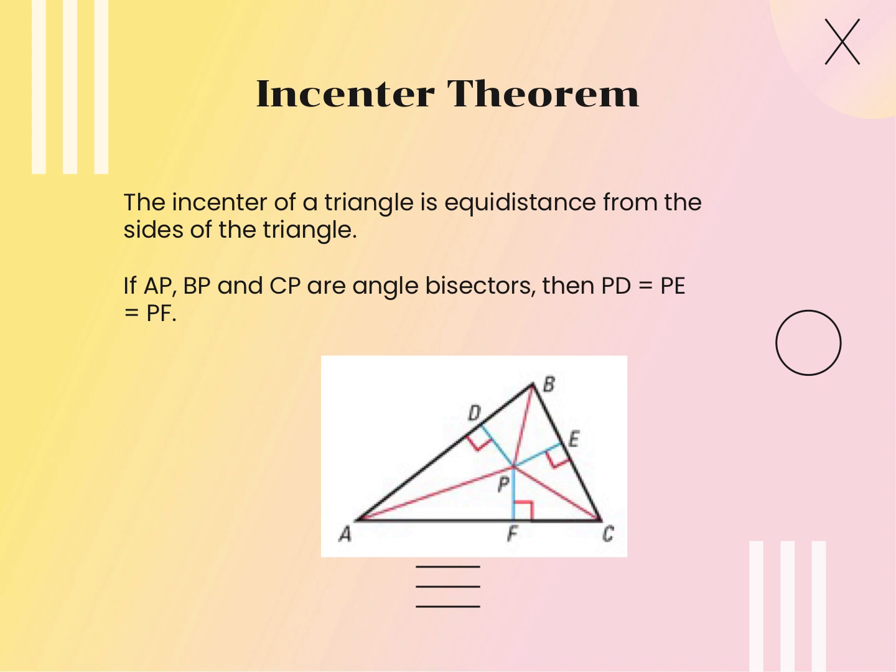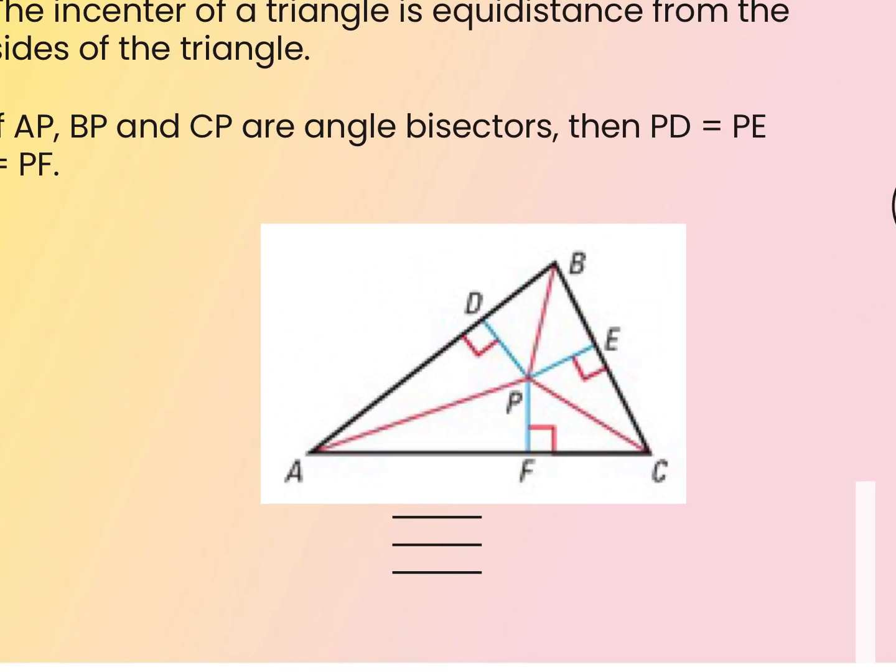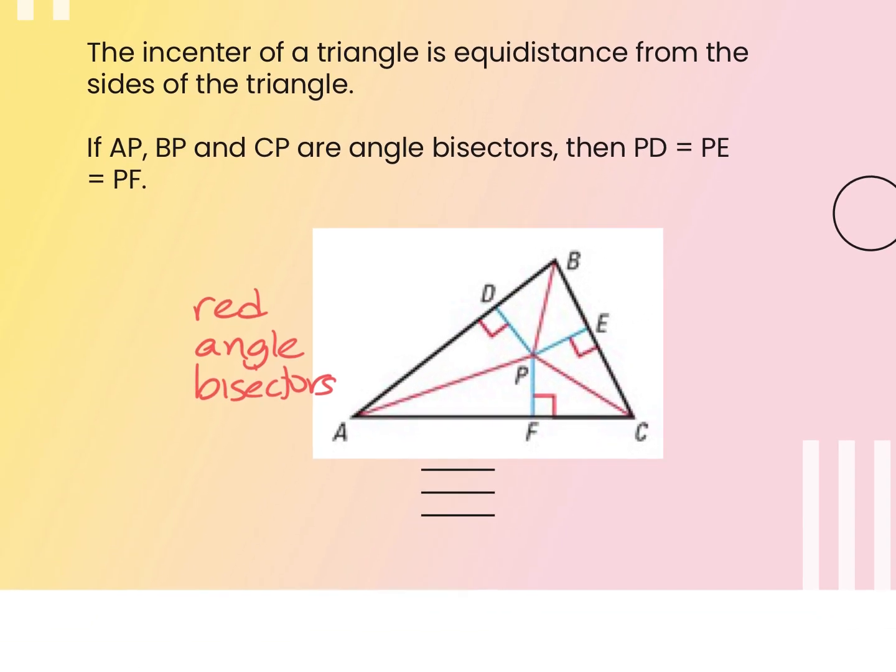So the incenter theorem states that the incenter of a triangle will be equidistant from the sides of the triangle. So in this particular picture, notice all of the red lines. Again, the red are the angle bisectors. The blue lines are going to be the equidistant segments.